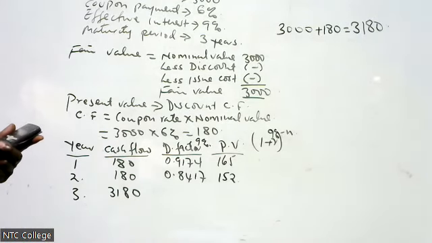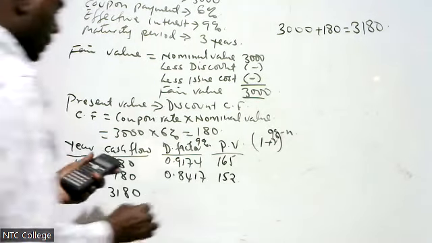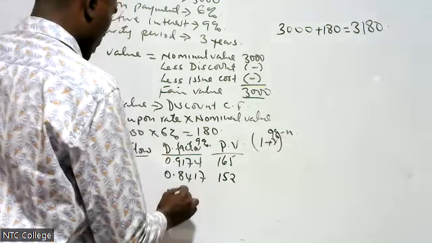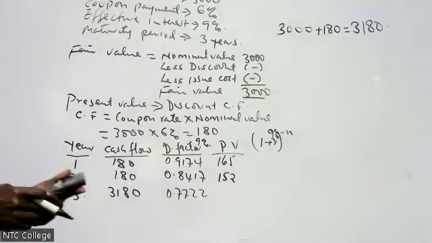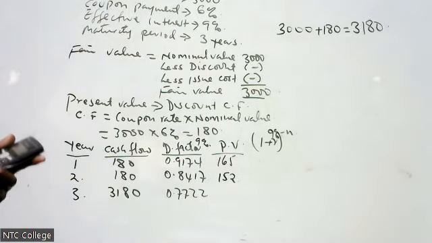Therefore, the discount factor will be 1.0, 0.22 there.